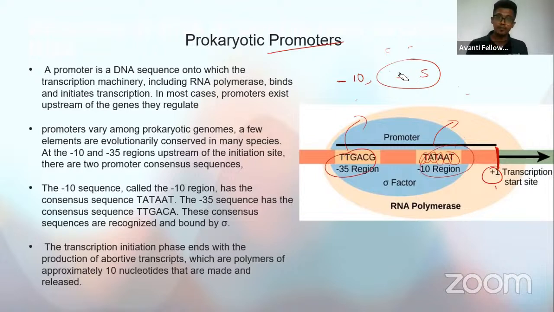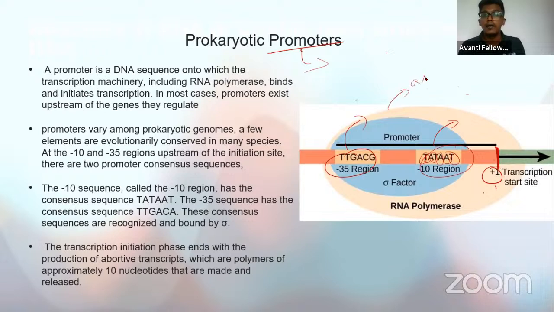You understand? Now, why are we even talking about promoters? At the upstream of your genes, there are some conserved sequences, especially in prokaryotes and even in eukaryotes. In prokaryotic promoters, at the -10 region and -35 region, we have conserved sequences. You understand? And these sequences are responsible for what?